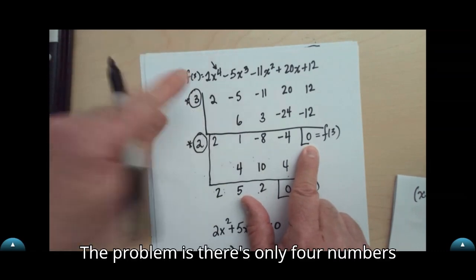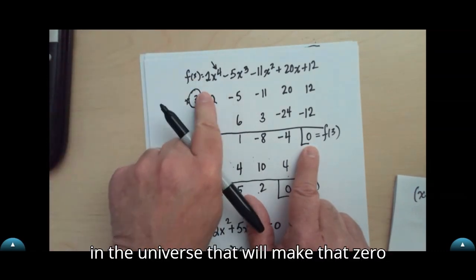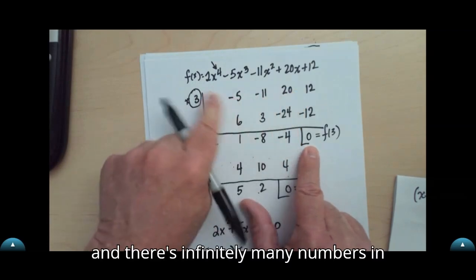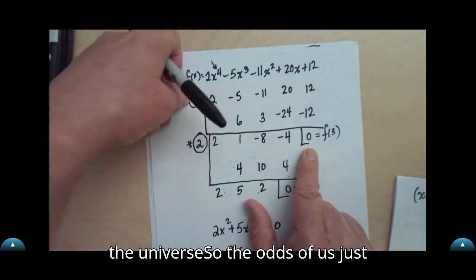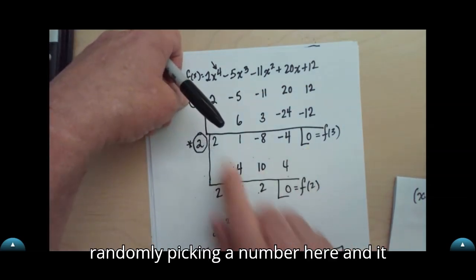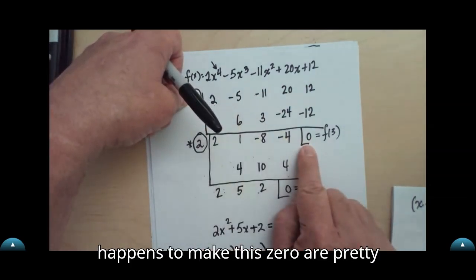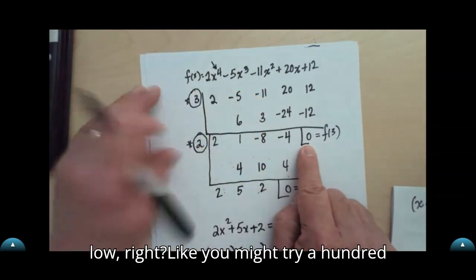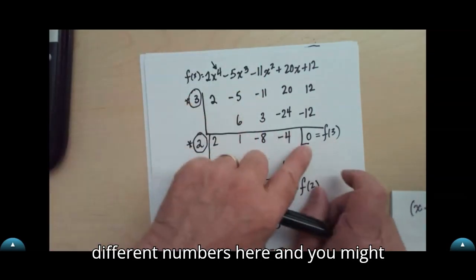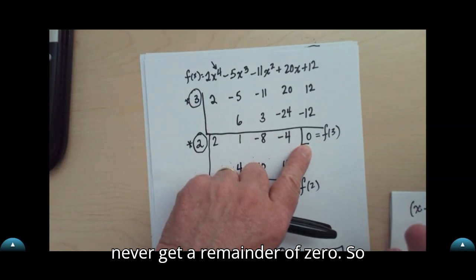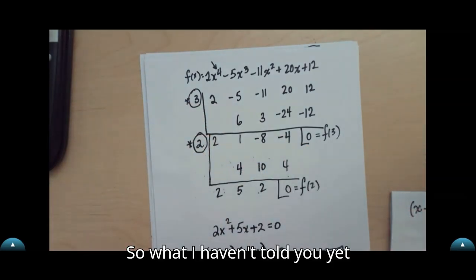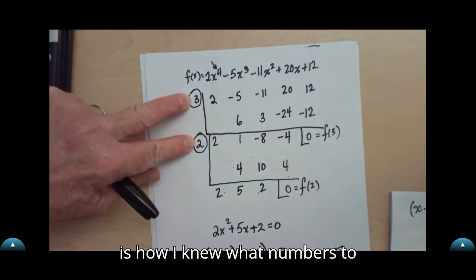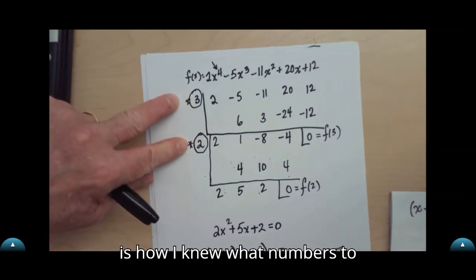The problem is there's only 4 numbers in the universe that'll make that 0, and there's infinitely many numbers in the universe. So the odds of us just randomly picking a number here and it happens to make this 0 are pretty low, right? You might try 100 different numbers here and you might never get a remainder of 0. So what I haven't told you yet is how I knew what numbers to try.